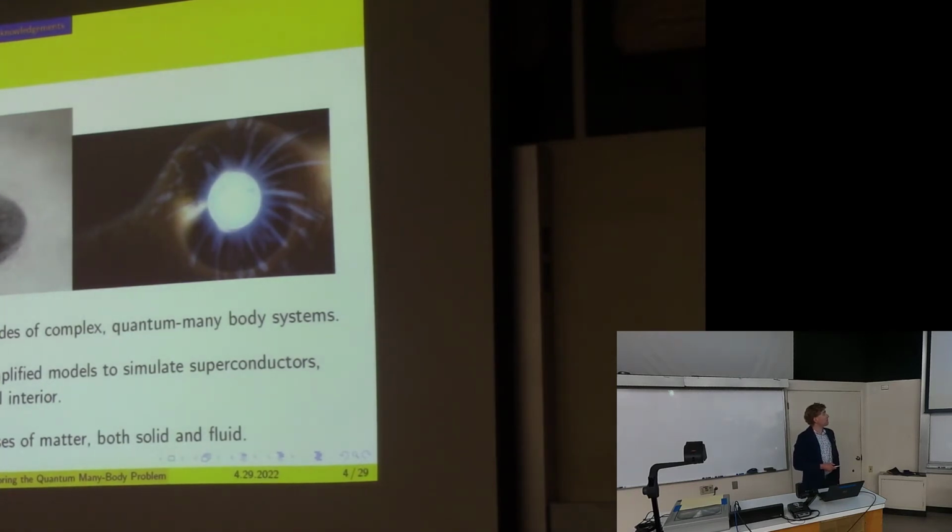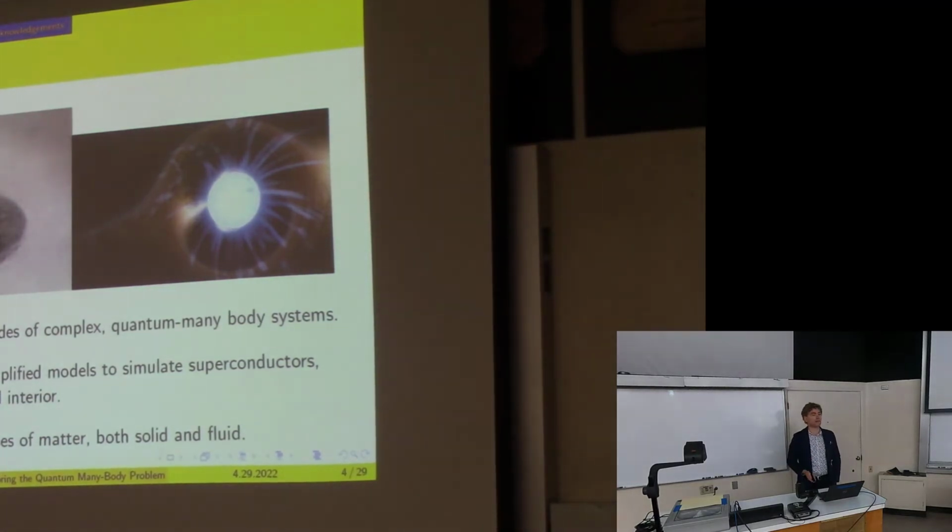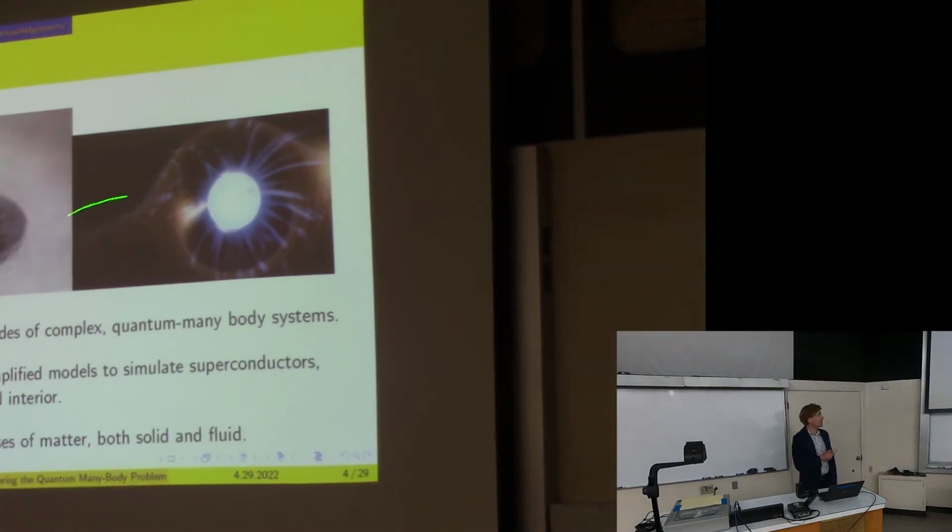So, what's the motivation for studying cold atomic gases? You can't study the insides of complex systems like superconducting materials, or at least the ones that aren't understood with BCS theory, and other quantum many-body systems like the superfluid interior of a neutron star.